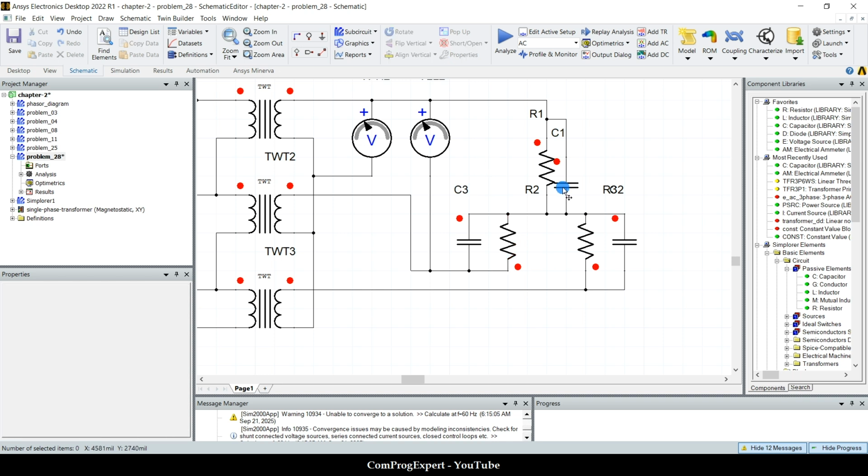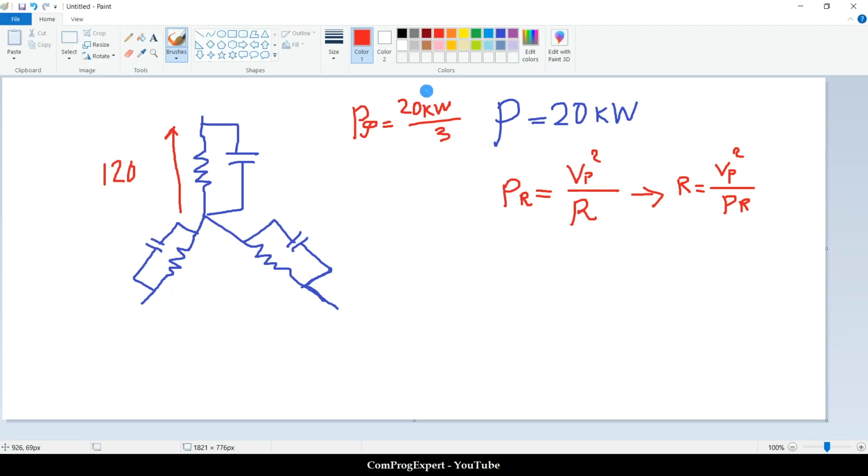Okay. We can calculate the value of the capacitance in a similar way. How much is the reactive power of the capacitance? For one capacitance, the reactive power QC is V phase to the power 2 divided by the reactance of the capacitor.